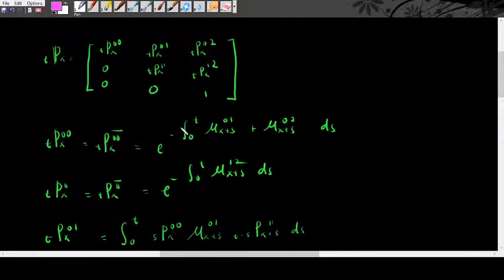If you draw the Q transition matrix here, you are going to get negative mu 01 plus mu 02 here, and then mu 01, mu 02, and so on.